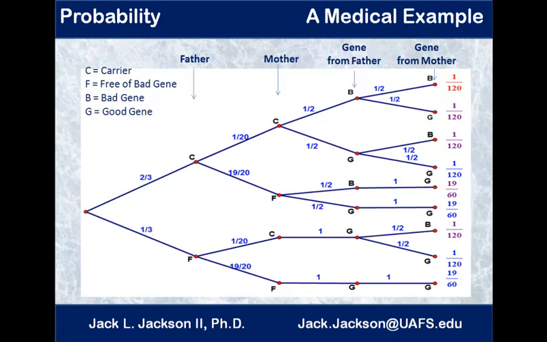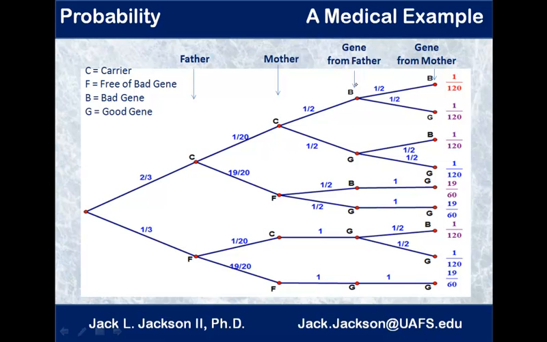So the mother could be a carrier or free of the disease, and those probabilities are 1/20th, and then the complementary probability of 19/20th for being free, and then the same thing whether the father is a carrier or is free of the disease. So that explains the second stage here for the mother.